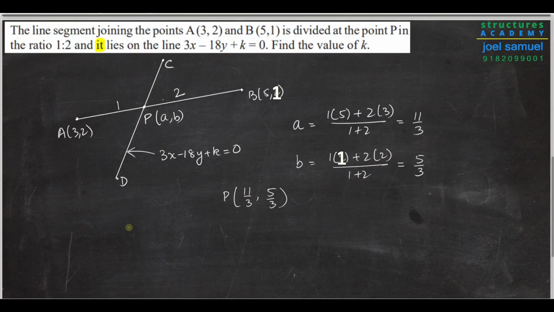So therefore we can say 3 times 11/3, which is the x coordinate of the point P, minus 18 times 5/3, which is the y coordinate of the point P, plus k is equal to 0. 3 and 3 get cancelled. 3 sixes are 18. So this whole equation becomes 11 - 30 + k = 0, which implies k is equal to 19. And that is the final answer.